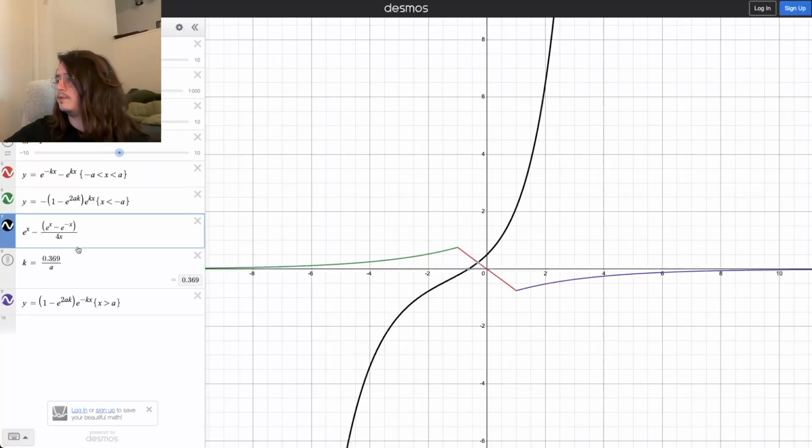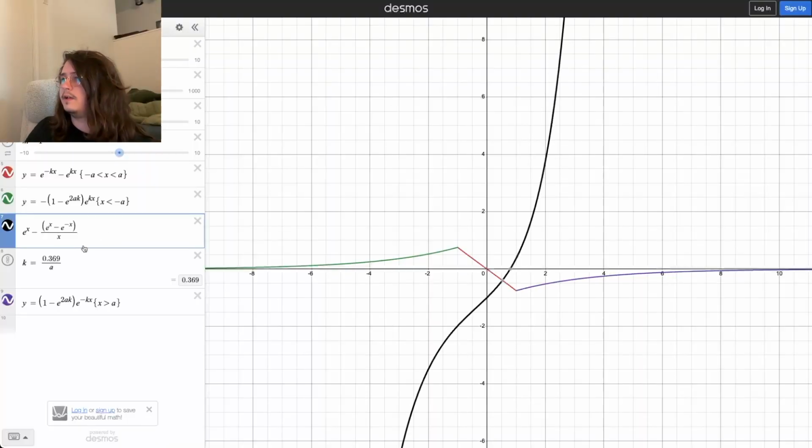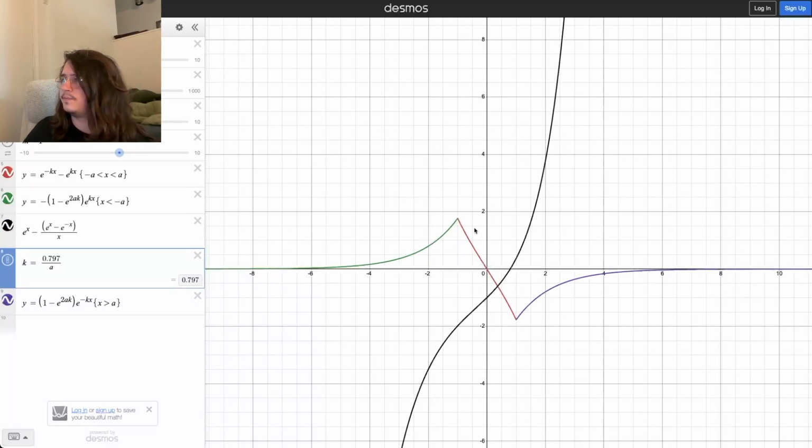Now let's talk about the first value of alpha, which has a solution at 0.797. So that's kind of what the wave function is going to look like. You can see it's still discontinuous at the same parts at x equals minus a and x equals a, and kind of just being freaky and odd in the way that it is.